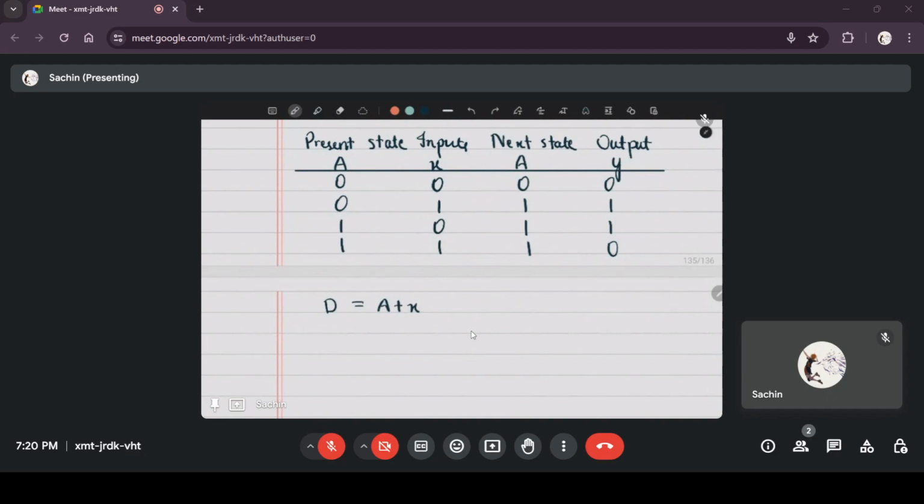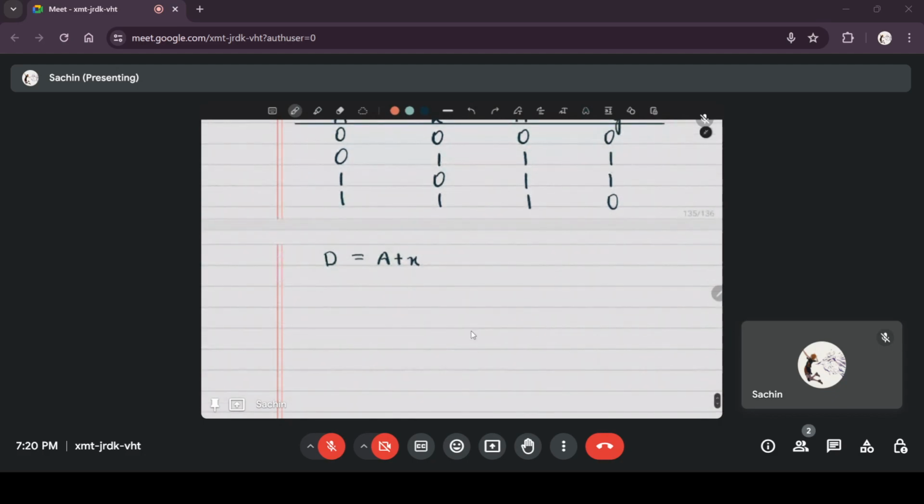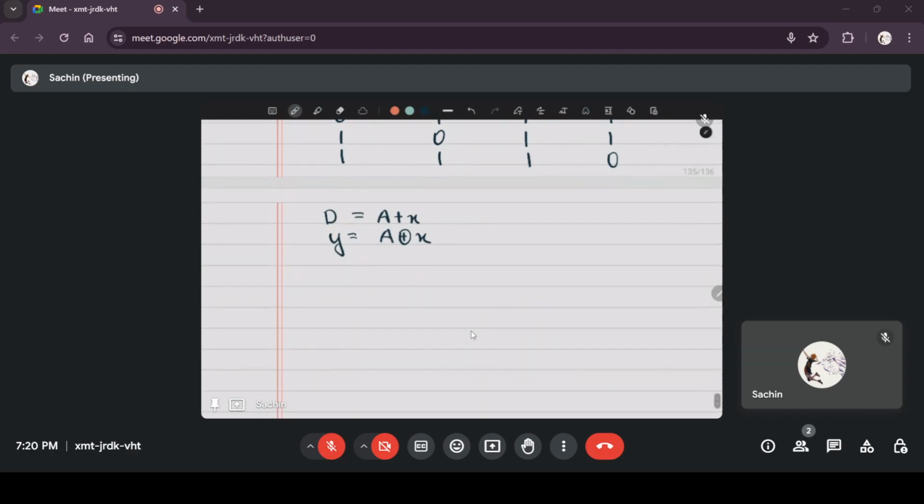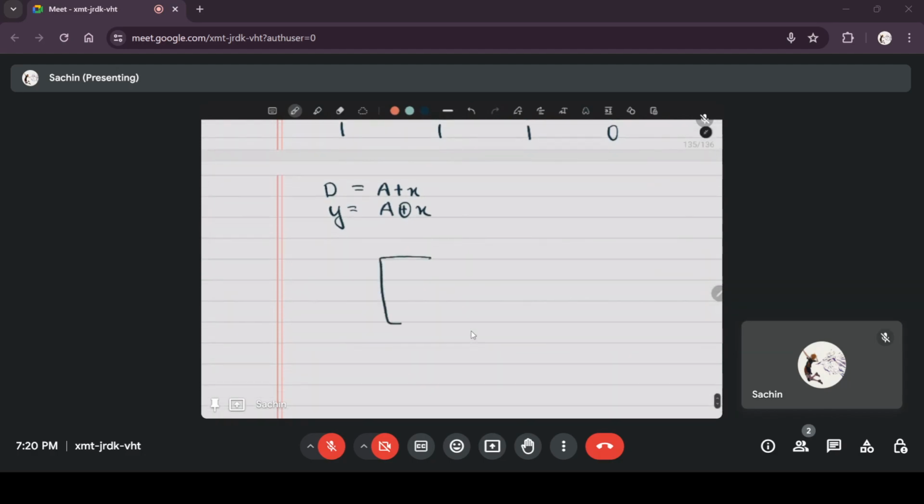And in a D flip-flop, if you want the next state to be something, you give that as the input to D. So you give the OR of present state and input to the D input, and then the output is the XOR of A and X. So the circuit implementation is as follows.